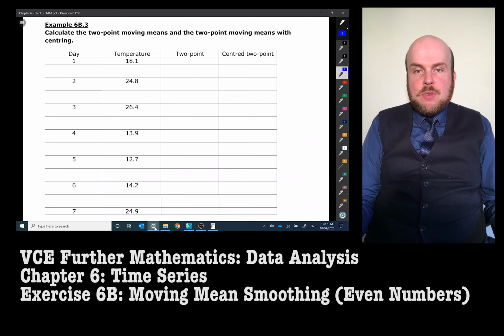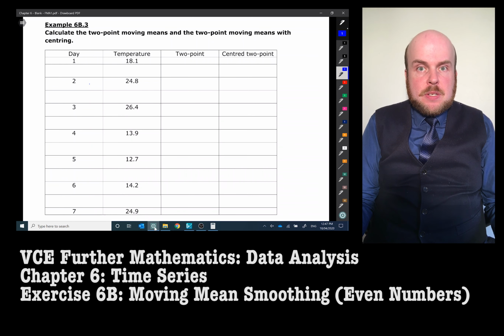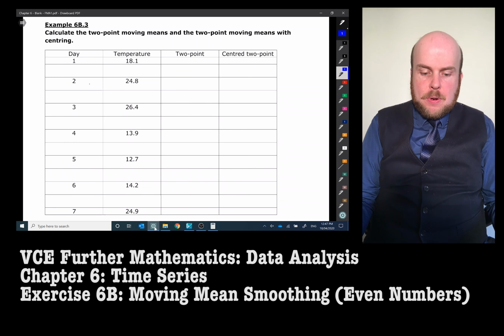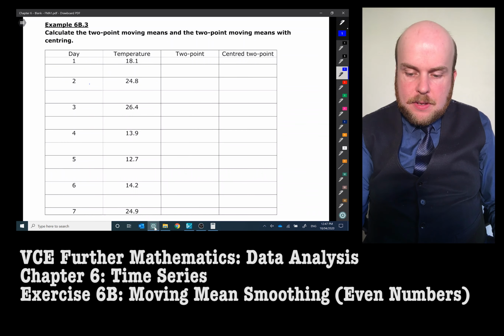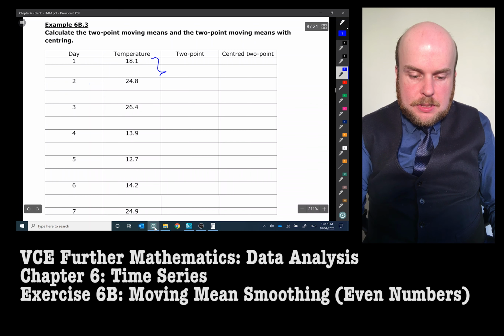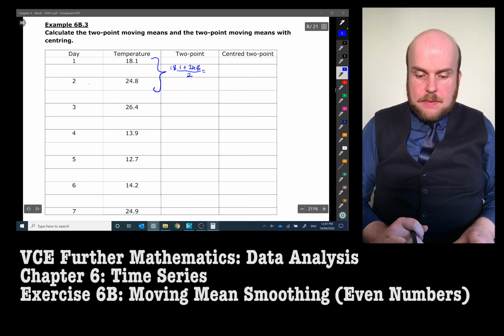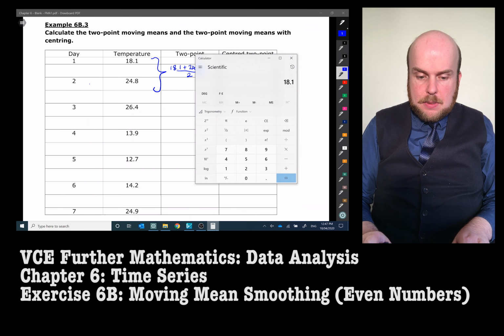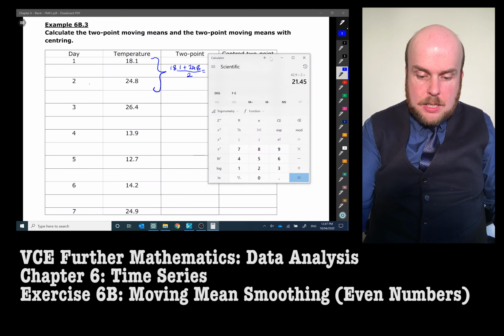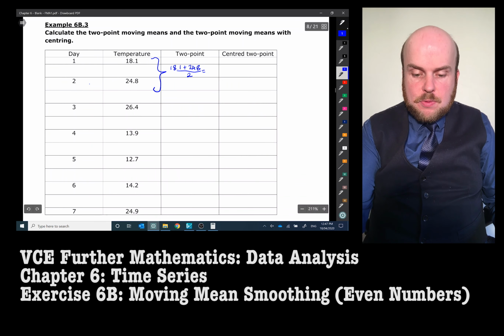So a 2-point moving mean is exactly what it sounds like, which is we need to do an average of 2 points. So in this first example here, we'll take these two, and this will be 18.1 plus 24.8 over 2, and we get 21.45.